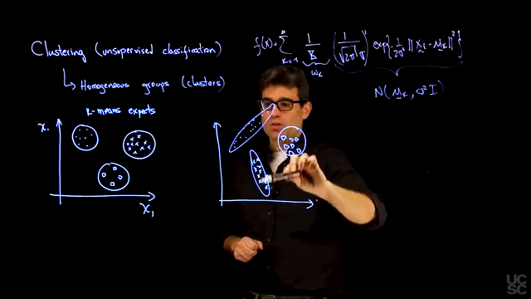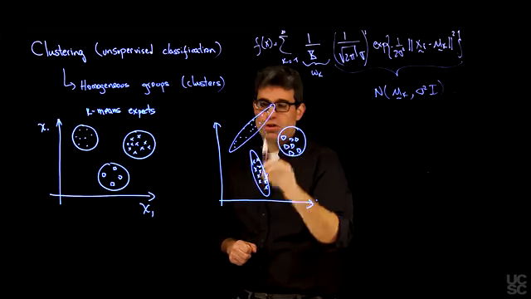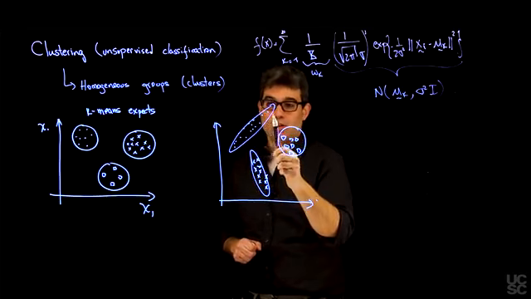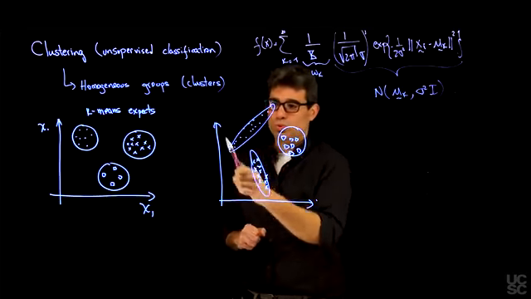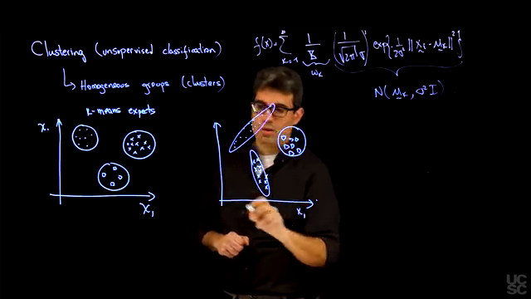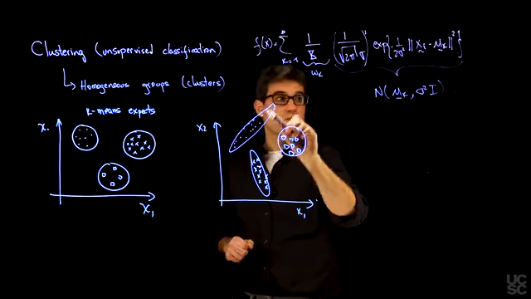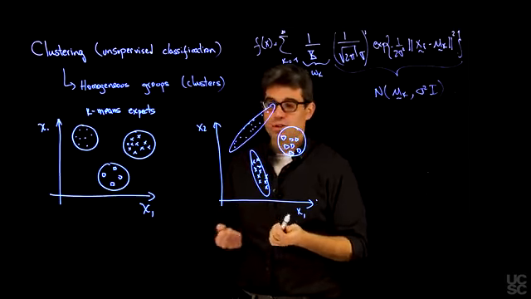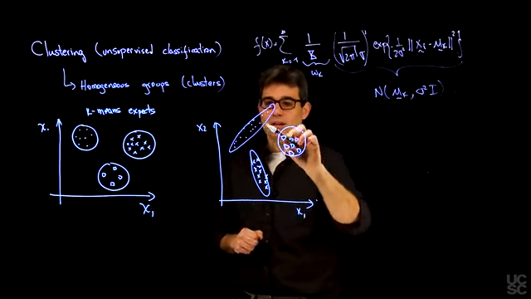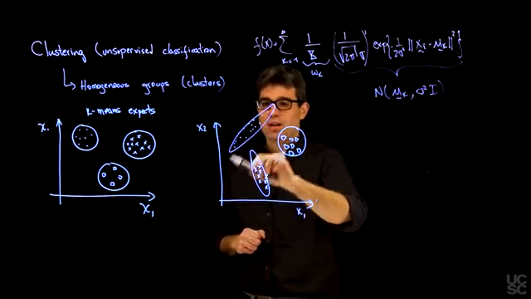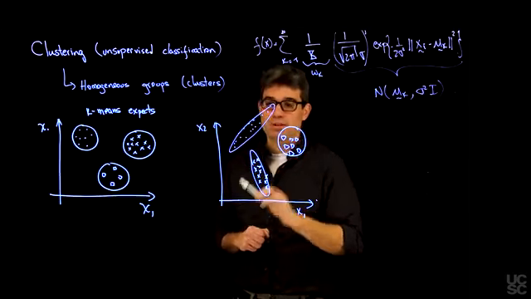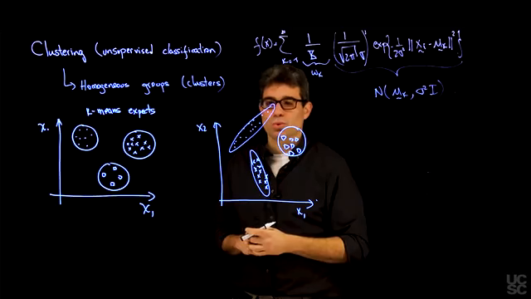But if you think about these other two clusters, they clearly show, first of all, that there is a correlation between the two variables, between x1 and x2, between the two features. So that's something that k-means clustering can't really deal with. And the other thing that it shows is that you have a different variance in each one of the two dimensions.